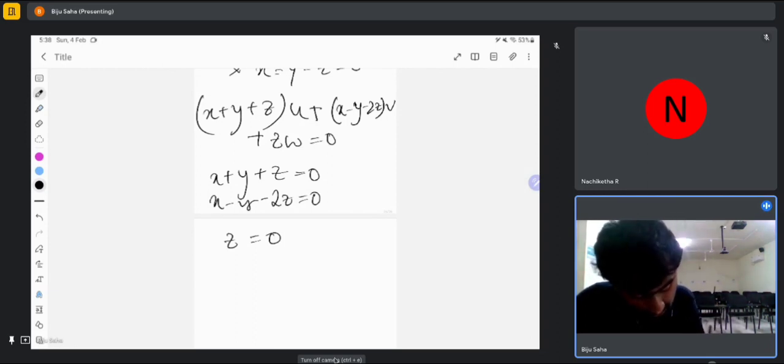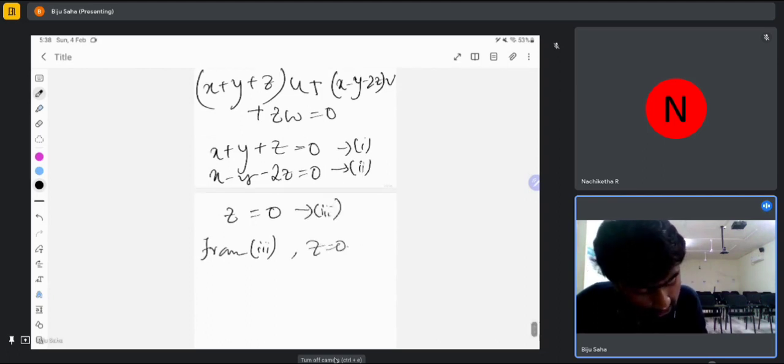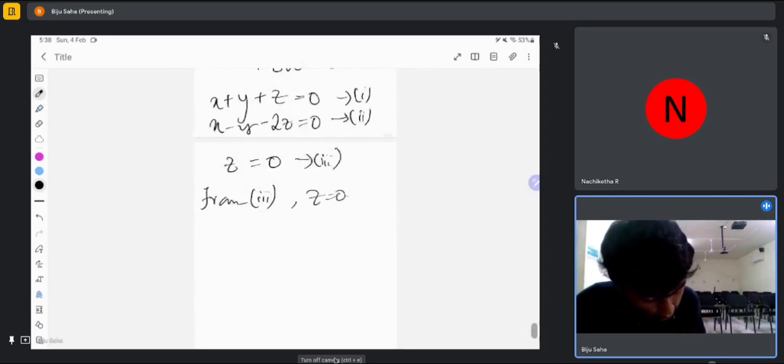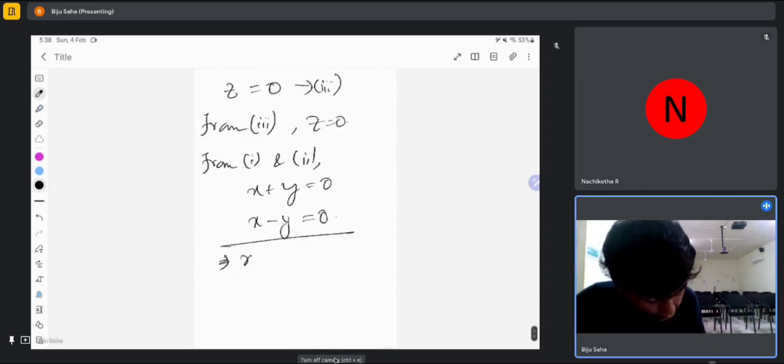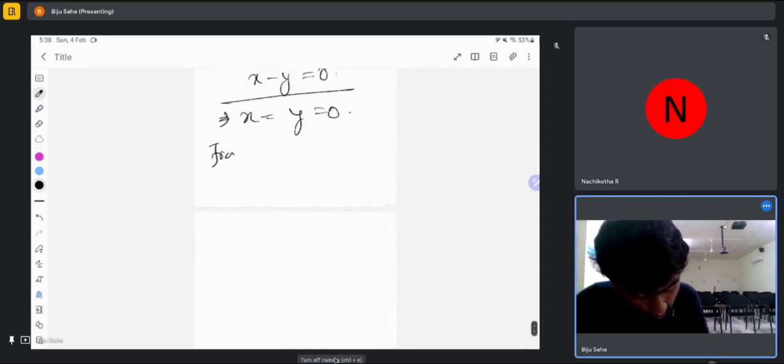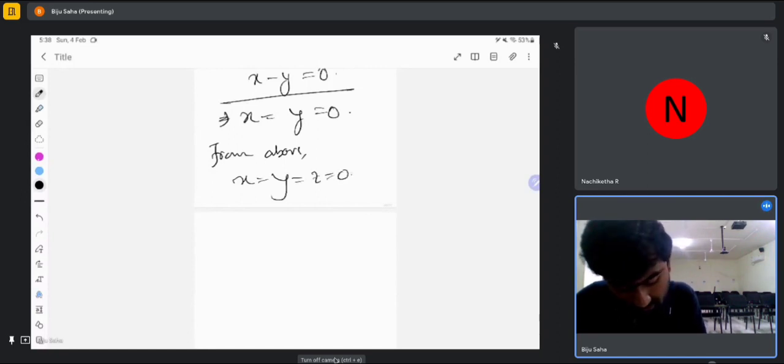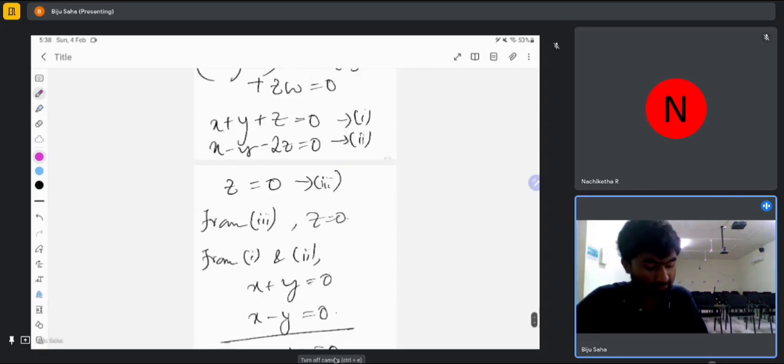This is something which is satisfied by x, y and z. Let's name the equations 1, 2 and 3. From the third equation we have z equal to 0. Now let's put z in 1 and 2. From 1 and 2 we have x plus y equal to 0 and x minus y equal to 0. So definitely this says that x and y are both equal to 0. So from above, x equal to y equal to z equal to 0, and we have been able to prove that.